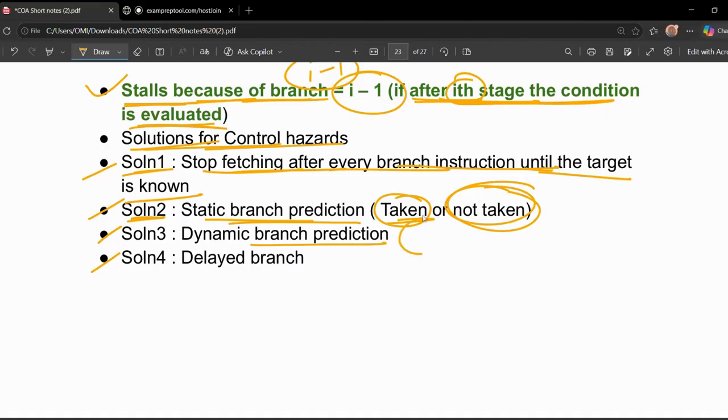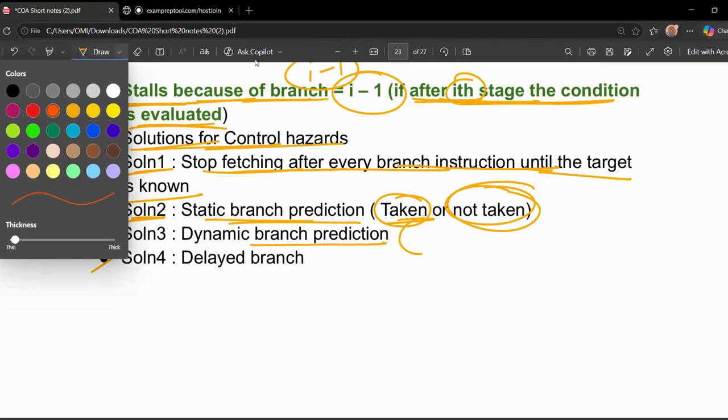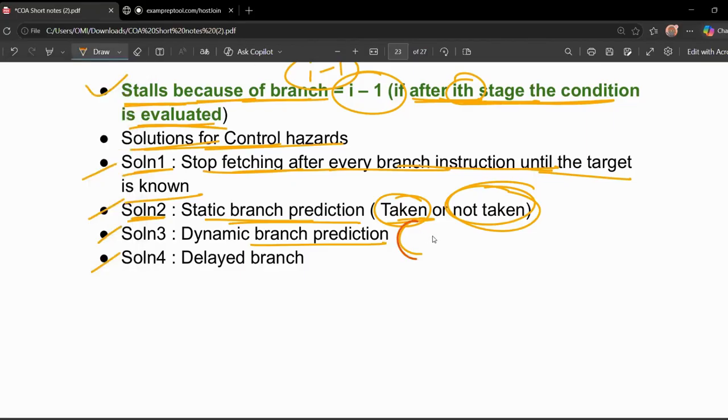The next solution is dynamic branch prediction. In your IITs and NITs, you will see something called target buffers, BTB and all, different hardware. This technique will speculate: it looks at the previous sequence.